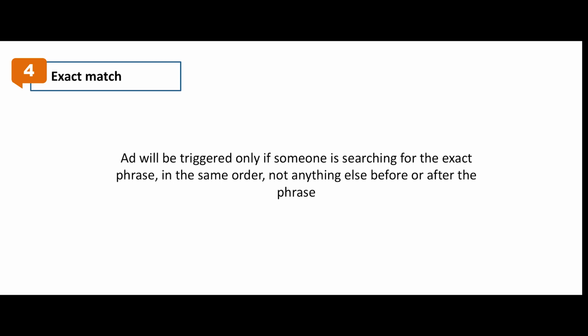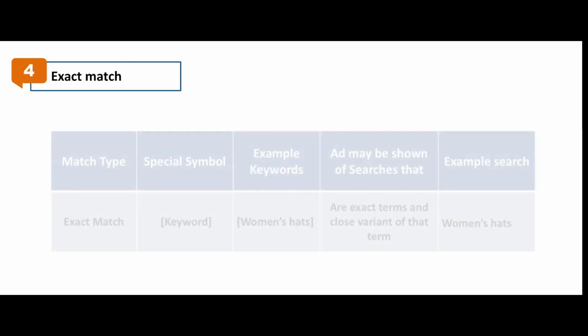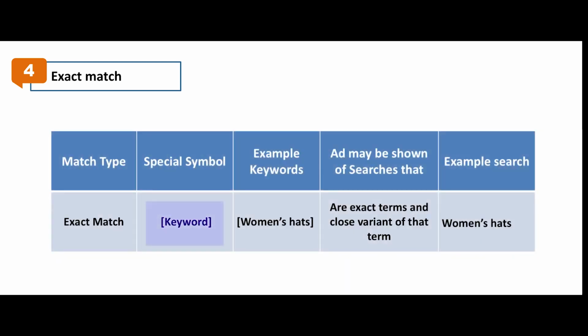Next, we have exact match. In case of exact match, as the name suggests, your ad will be triggered only if someone is searching for the exact phrase in the same order, not anything else before or after the phrase. It's very restrictive in the targeting of the audience. In this case, you can use the square bracket as a symbol to make any keyword an exact match.